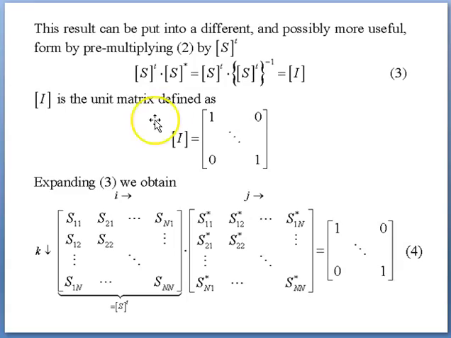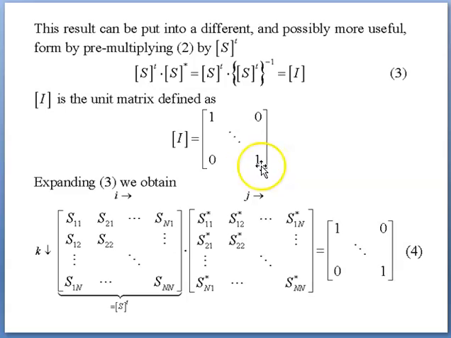Here you will have S transpose times S conjugate, that would be S transpose times the inverse of S transpose. Then that will give you I, where I is the unit matrix, which is defined as 1, 0, 0, 0, and then 0, 1, 0, 0, and then 0, 0, 1, 0, up until 0, 0, 0, 1.